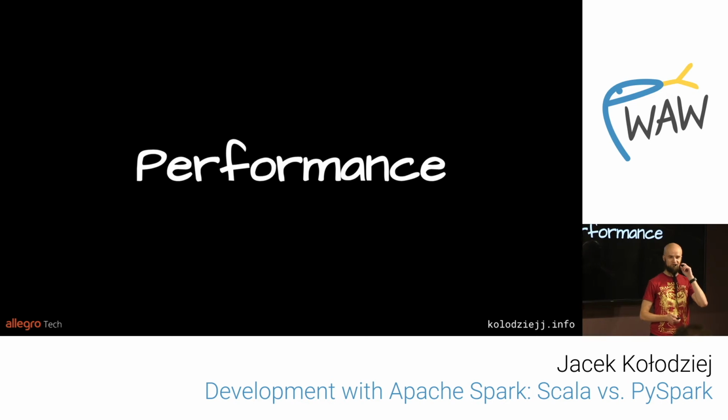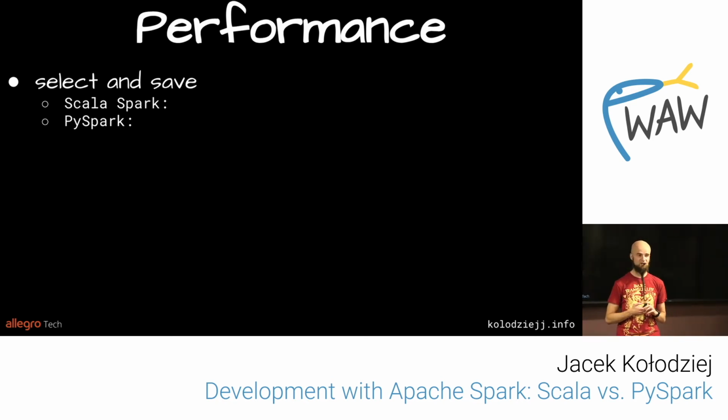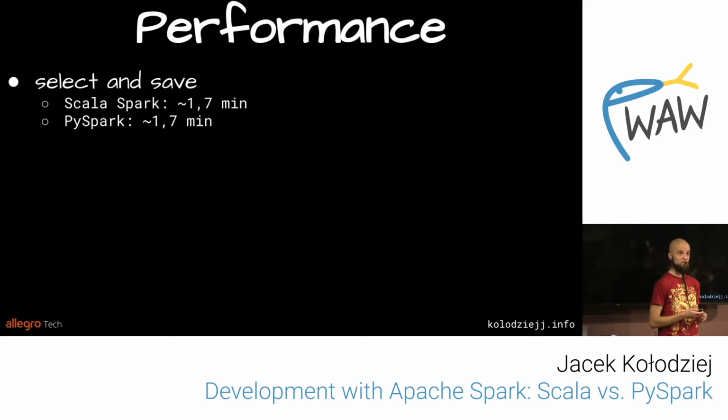And of course, performance. To measure performance some way, I made a simple job for Spark that just selects data from one of our bigger tables and saves it in some other place. And the numbers look like this, and they are exactly the same.